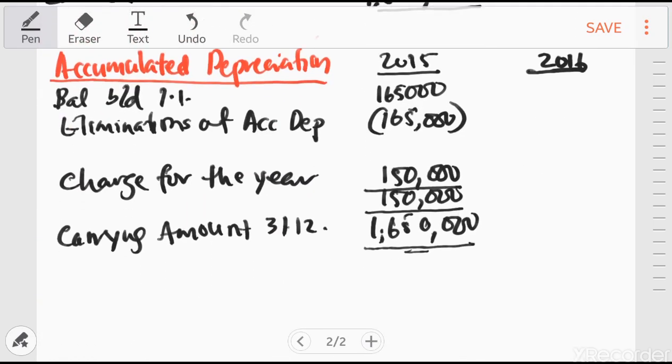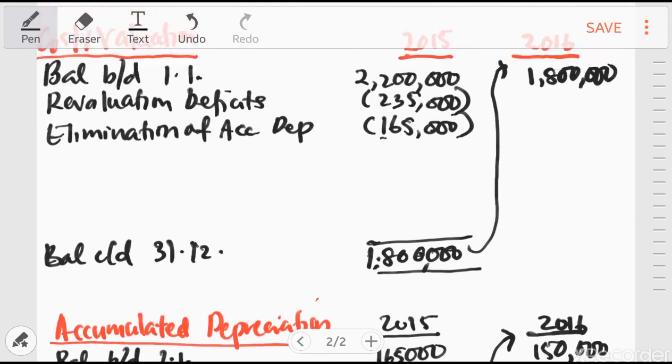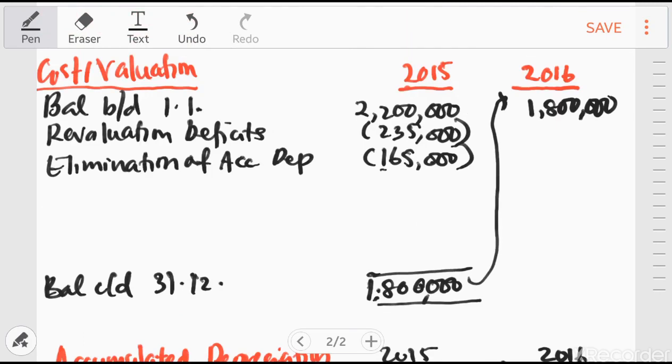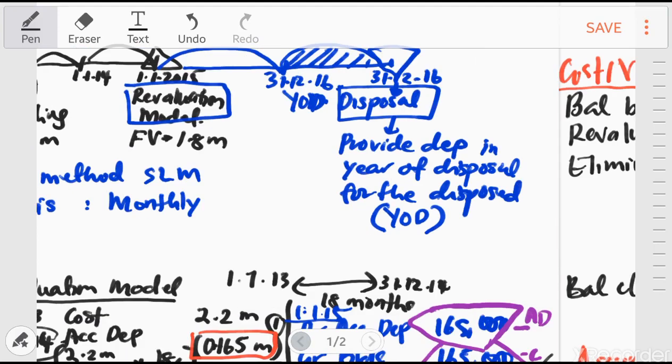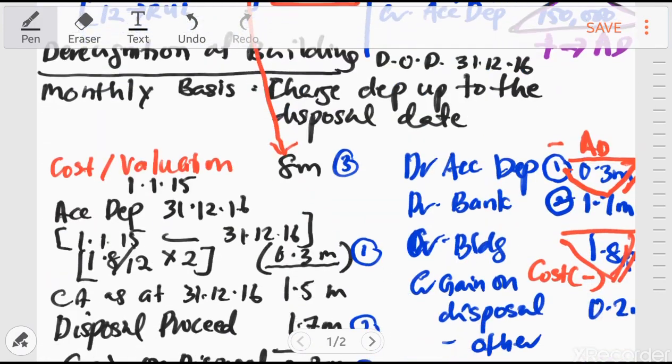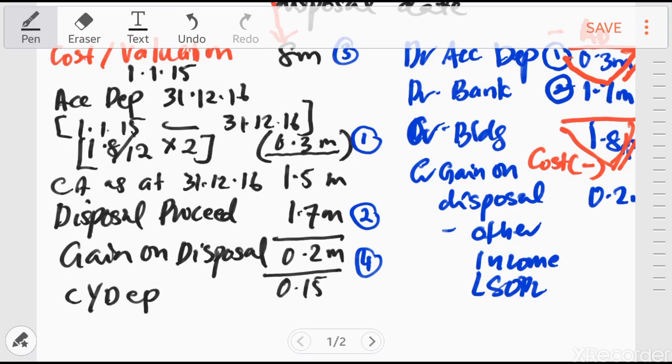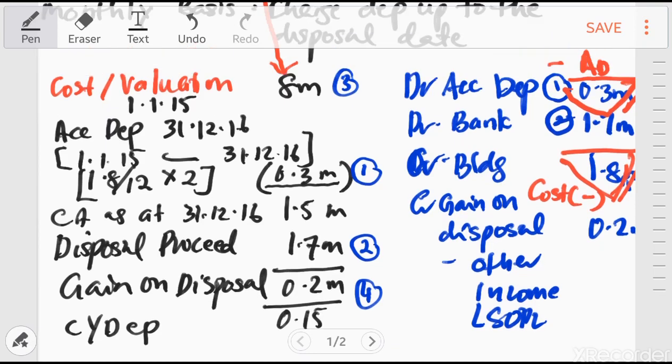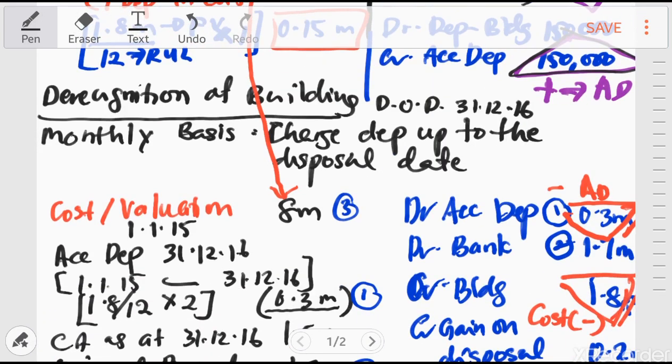The same thing here. This figure here, 150, is the one that you will show as the beginning balance in 2016. And remember, in 2016, there is a derecognition. And if you still can recall, for the derecognition part, there are a few workings that I've done with you for accumulated depreciation. The disposal gives rise to a gain, and there is also some depreciation being charged in that year because of the monthly basis.